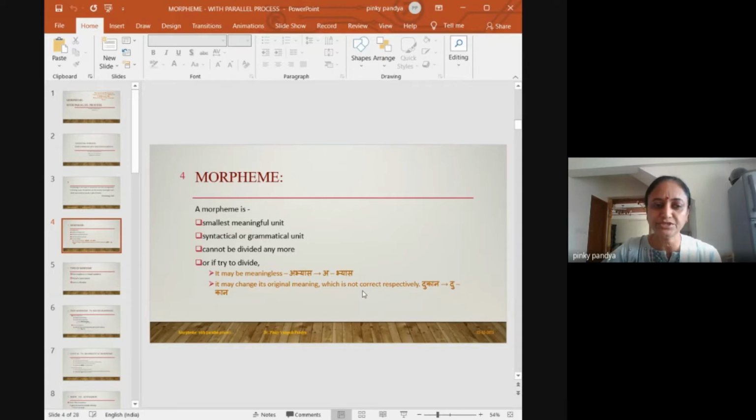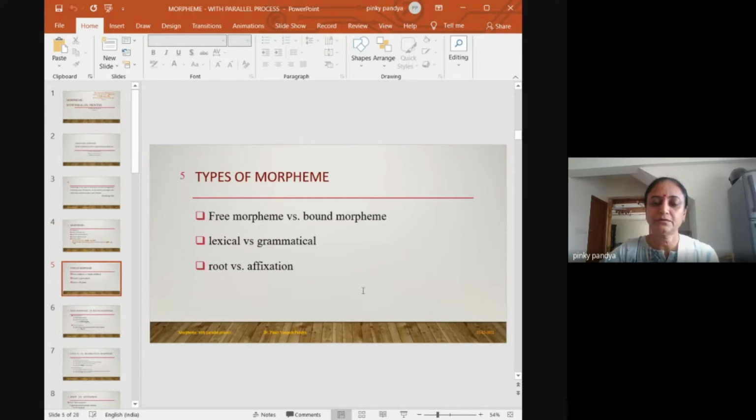If we divide it, it may become meaningless, like abhyas: if we divide that word into a plus bhyas, it will be meaningless. Or it may change the meaning, like if there is a word dukan, and we divide it, it may change the meaning.